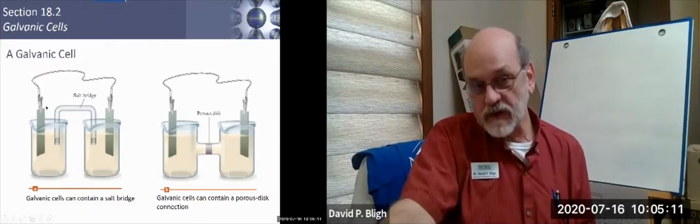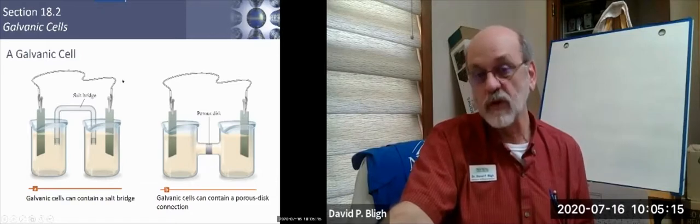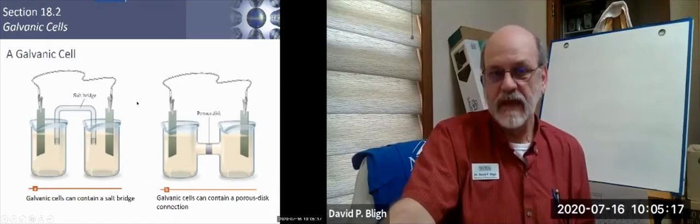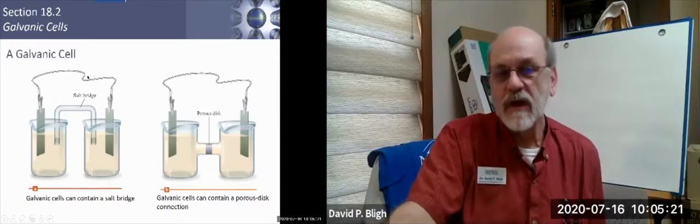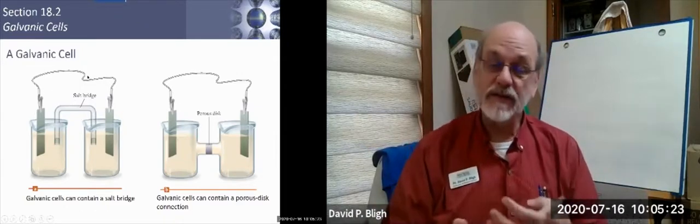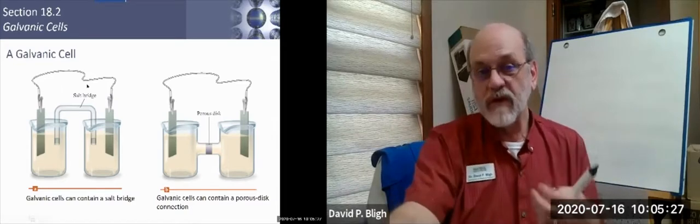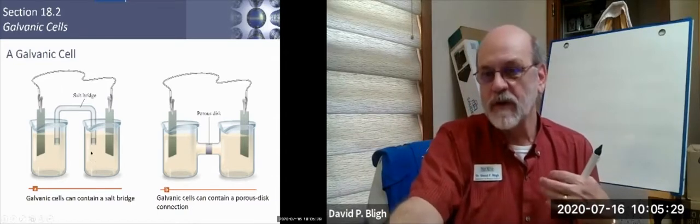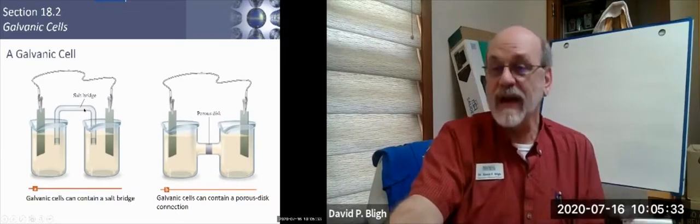So the electrons are transferred through this wire, one side to the other. We don't know yet. And then because the electrons are moving and creating an imbalance in negative charge from one side to the other, we need another route for the positive ions to move so that we can balance those charges.